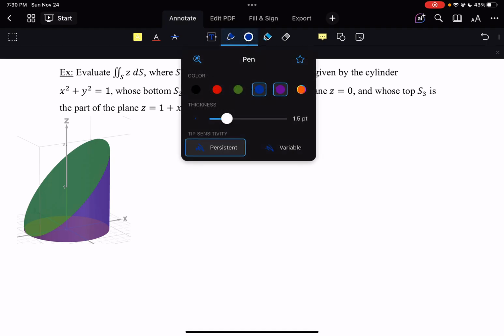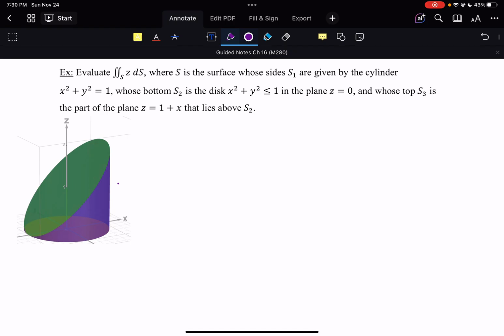So I'll try to color coordinate here. This surface that goes around the edge, that's S1, the cylinder x squared plus y squared equals 1. S2, I know it's kind of hard to see here, is that circular disc down under the bottom. That's S2.